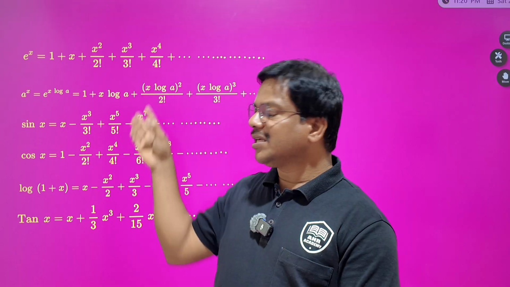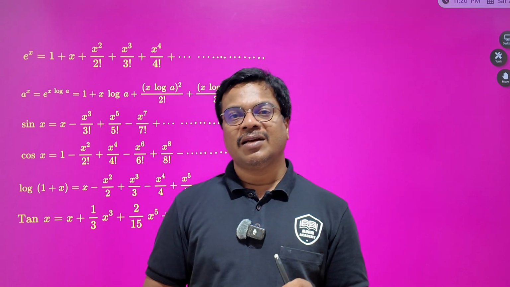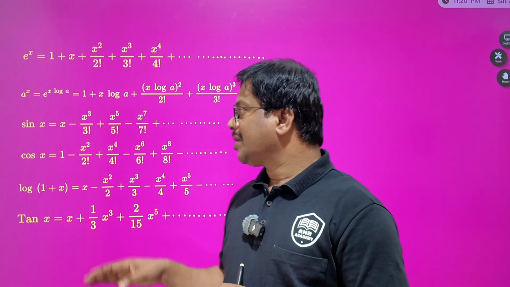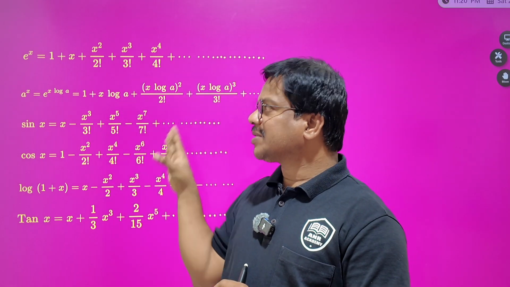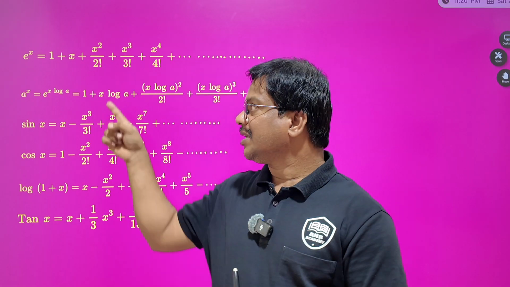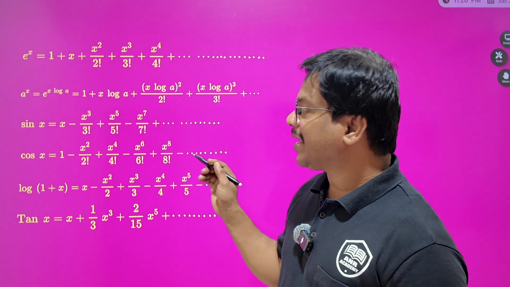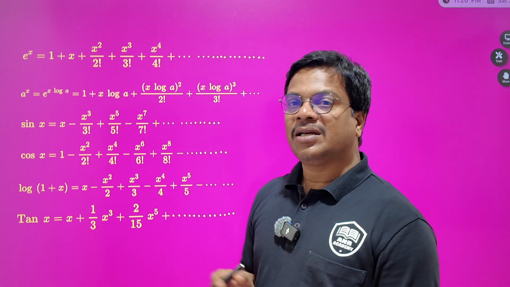Most of the students feel difficulty remembering all these expansions, but there is only one way to write all the expansions of these functions: e power x, a power x, sin x, cos x, log 1 plus x and tan x. With the help of Maclaurin series, we can easily expand all these.